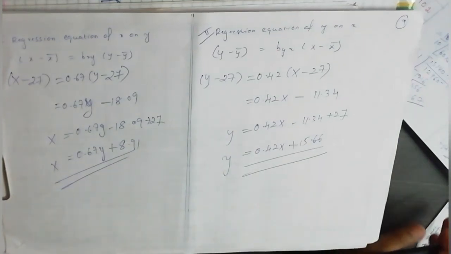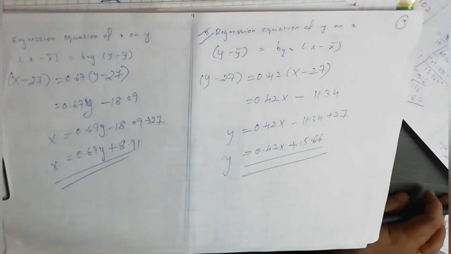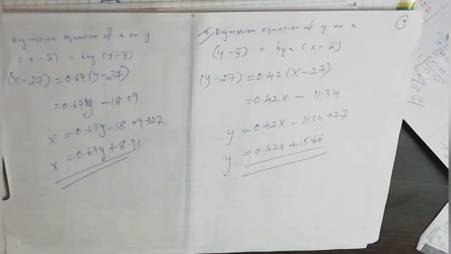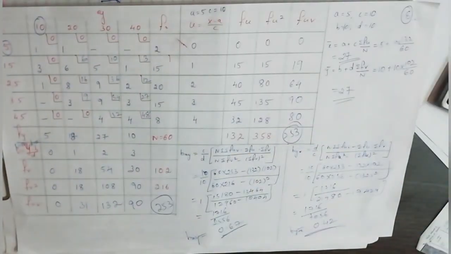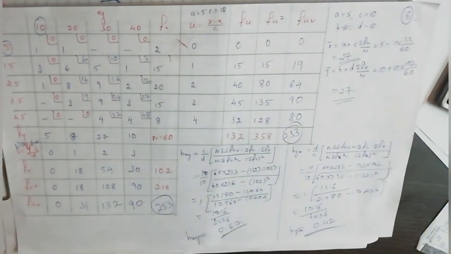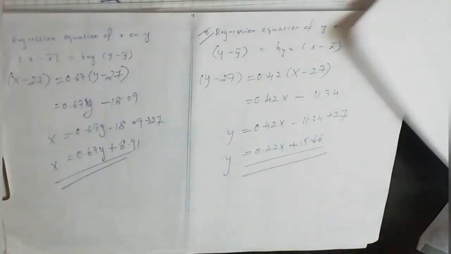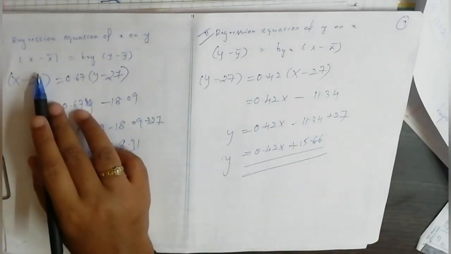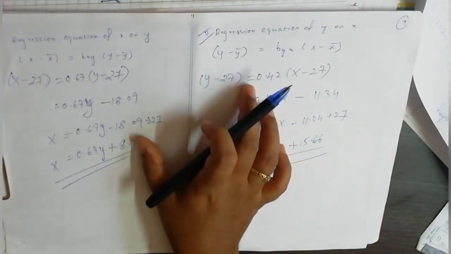So this is about the regression analysis for bivariate data. You just need to prepare a table properly, then you should know the formulas to find x bar, y bar, bxy, byx, and the regression equations formula you have already studied for ungrouped data also.